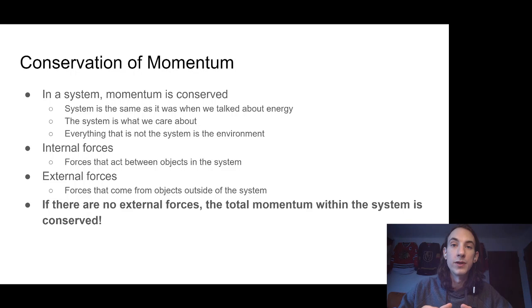Then we have an increase or decrease in momentum of the system, and we no longer have this conservation. But if we define our system to be everything that's forcing each other, then if all the forces are happening within the system, momentum is going to be conserved. So the main idea, which I bolded: if there are no external forces, the total momentum within the system is conserved.